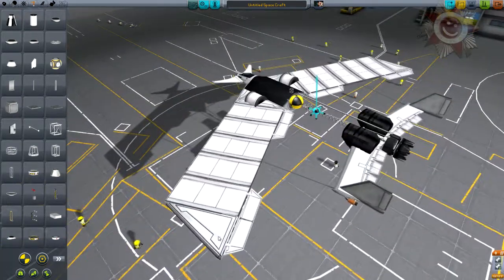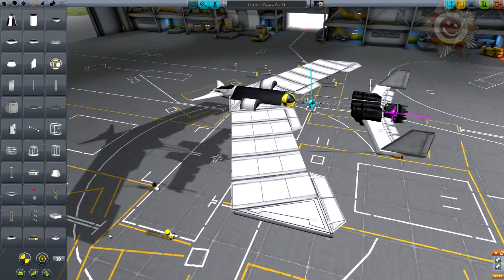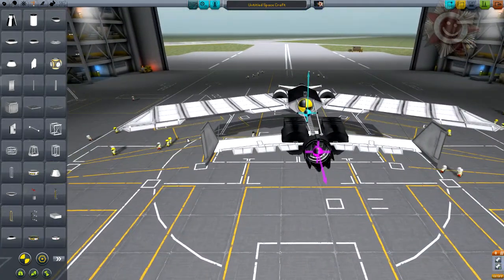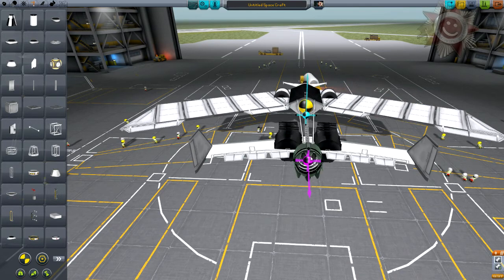Okay, now one thing that it's important to check is the center of thrust. This plane has engines symmetrical to the center line.